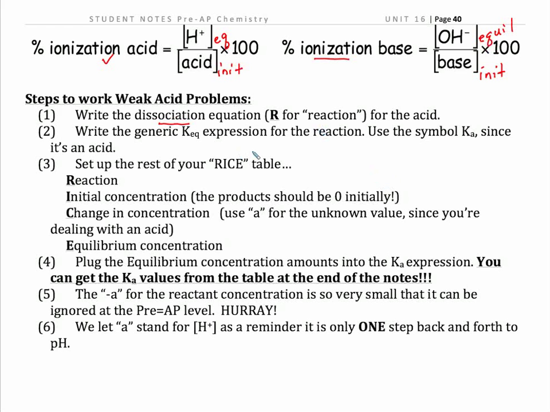Now we're going to set up what's called a RICE table. So R stands for the reaction, I stands for initial, C is the change, and E is the equilibrium. Now what we did to compare, if we had that for stoichiometry, we had the reaction, we had the start, we had the shift, in which case it went 100%, and then we stopped.